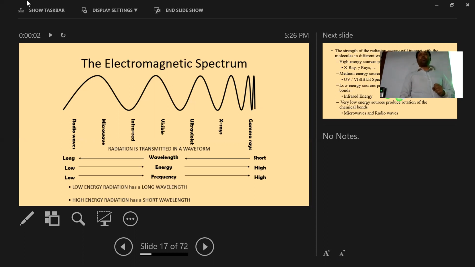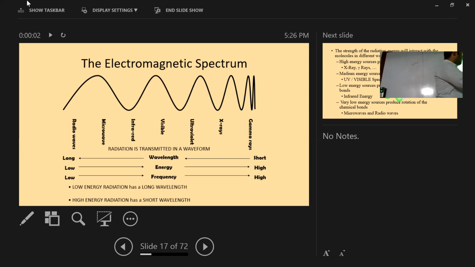Therefore, the waves are everywhere, so wherever you go, you can catch your mobile phone signal or the television signal. Radio waves are everywhere in the universe, so we can catch them with our signal receiver. And this is very low energy. As we go from left to right, we are decreasing the wavelength and increasing the energy.